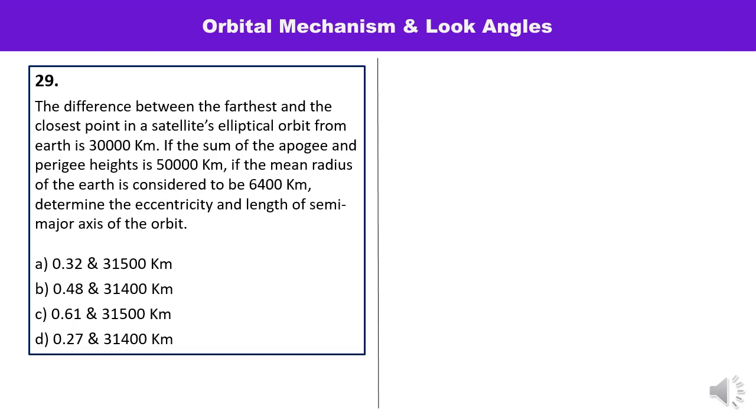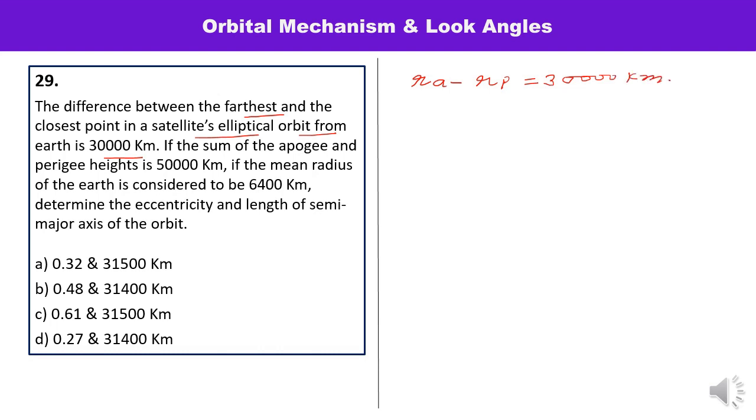Next question 29 number is, the difference between the farthest and the closest point in the satellite elliptical orbit from the Earth is 30,000 kilometer. The difference between the farthest and the closest point, it means RA minus RP is being given, which is 30,000 kilometer.